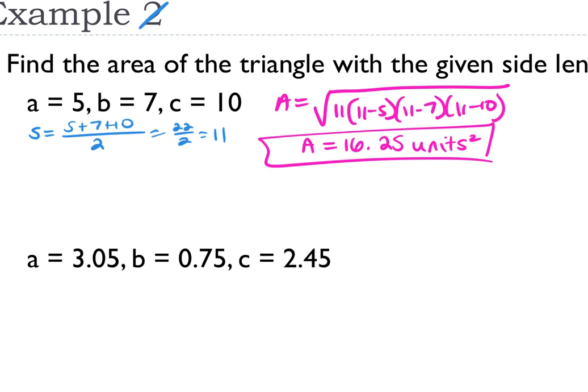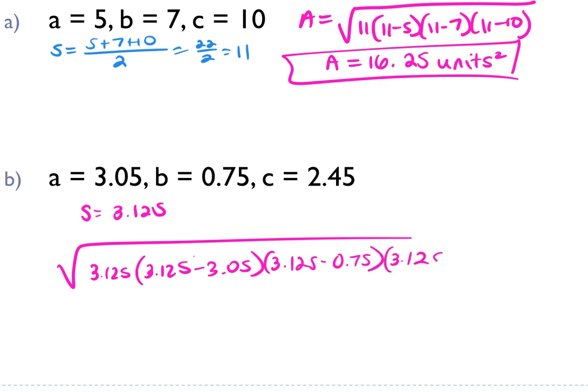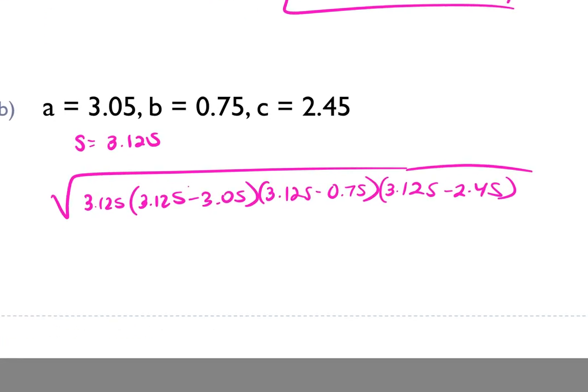All right, so your S was 3.125. And then you get the square root of 3.125 times 3.125 minus 3.05, times 3.125 minus 0.75, times 3.125 minus 2.45. Sometimes it takes longer to write that out than it does to type it in your calculator.